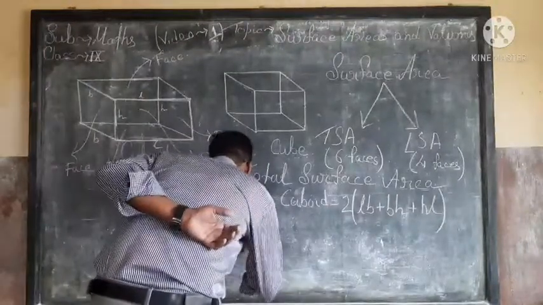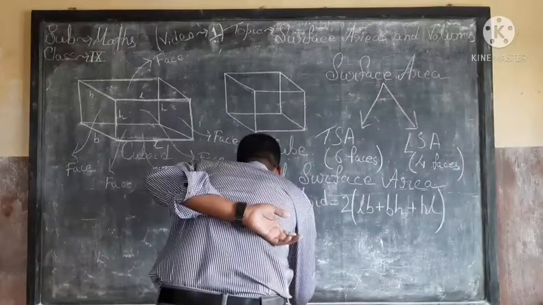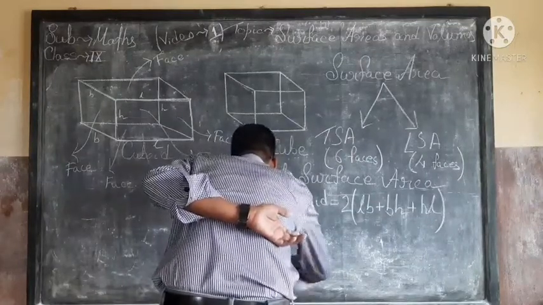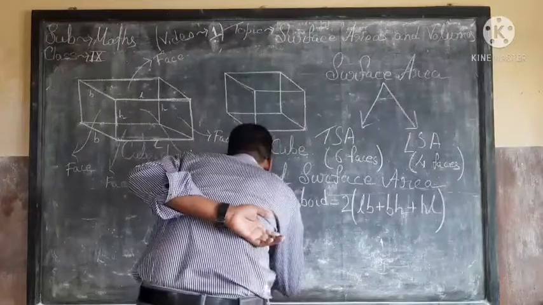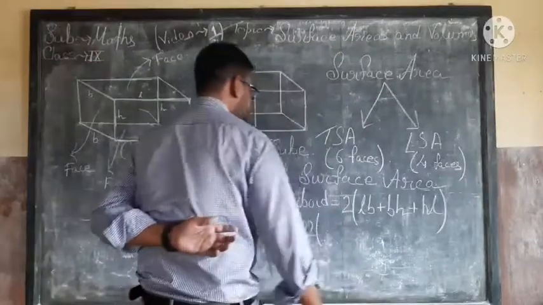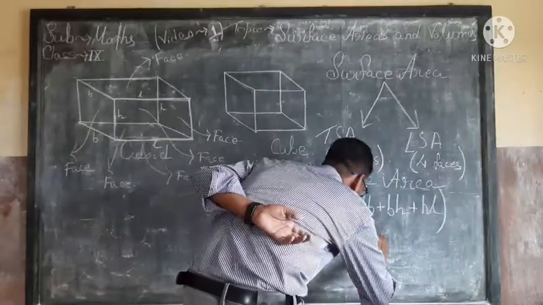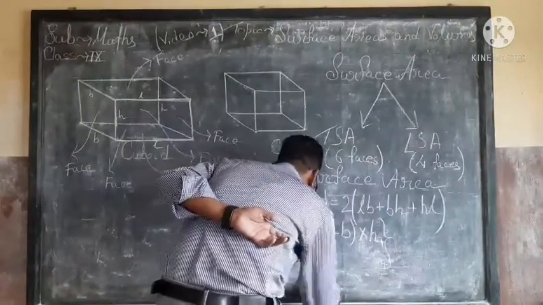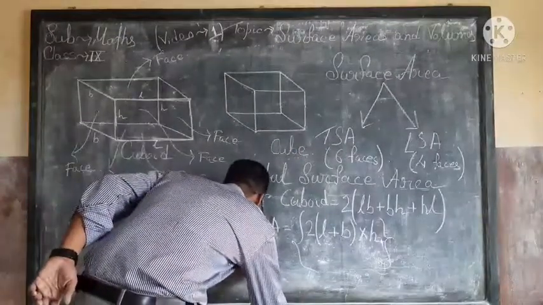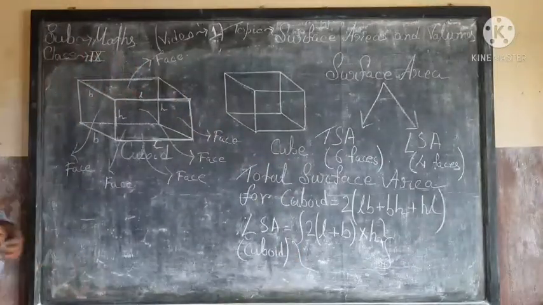And the lateral surface area is equal to 2 into (length plus breadth) into height, that is 2(l + b)h.